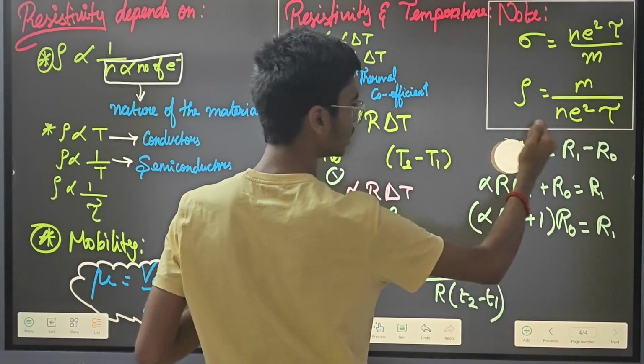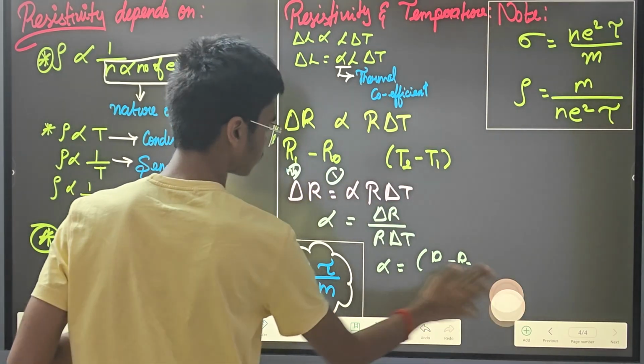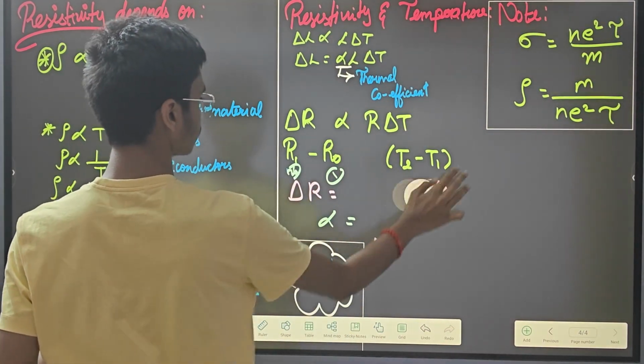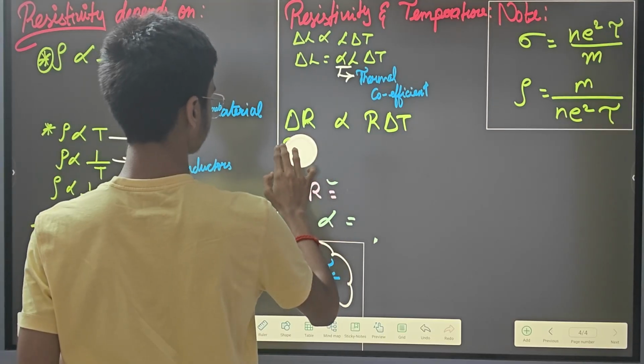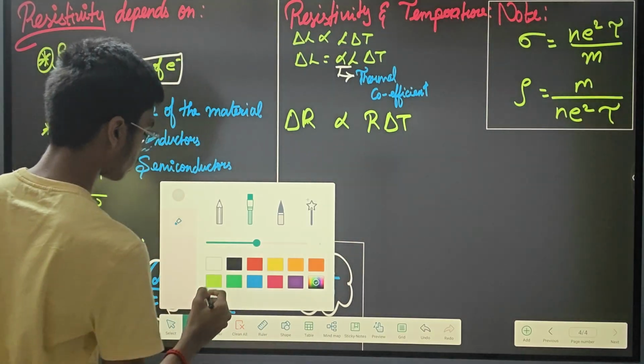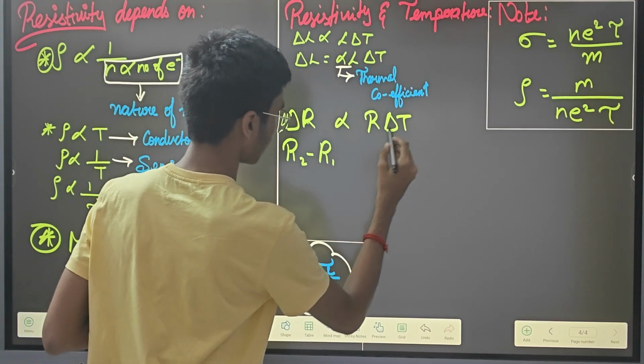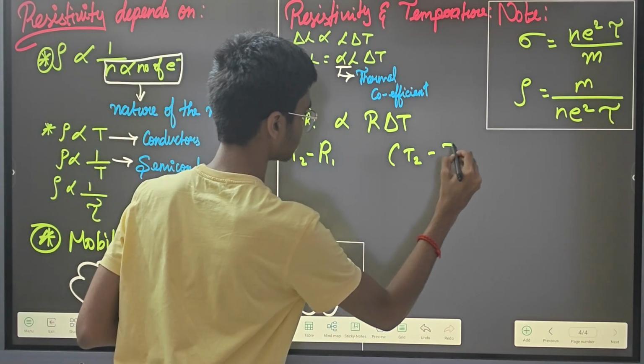This is actually correct, but I will shorten it. This del R is actually R2 minus R1, and in this del T is T2 minus T1.